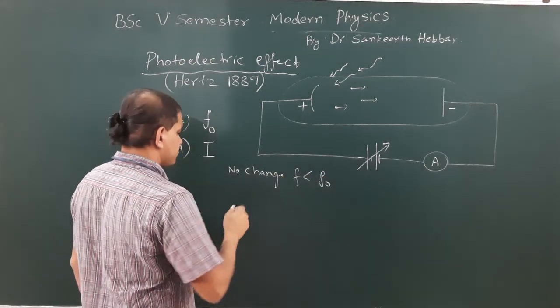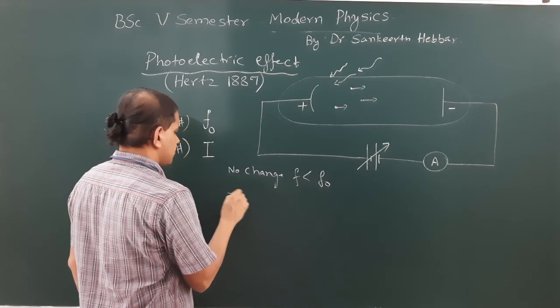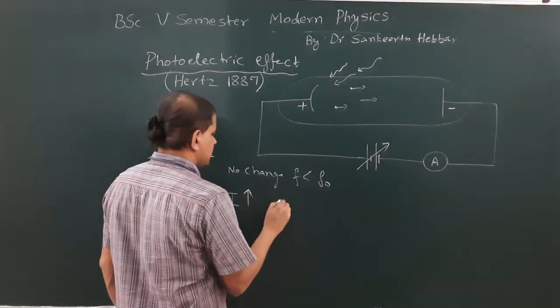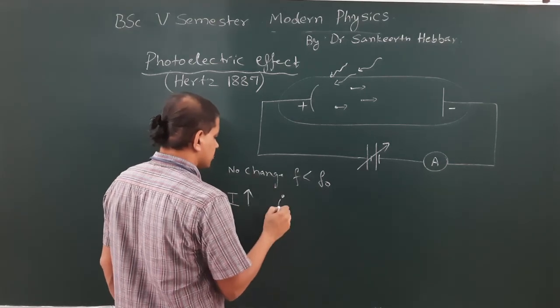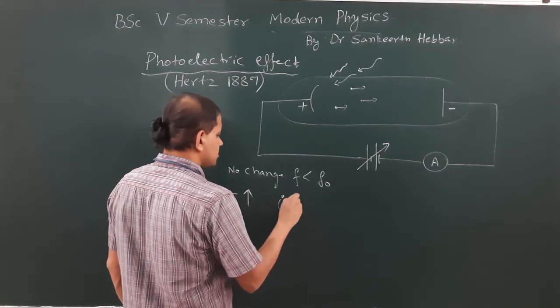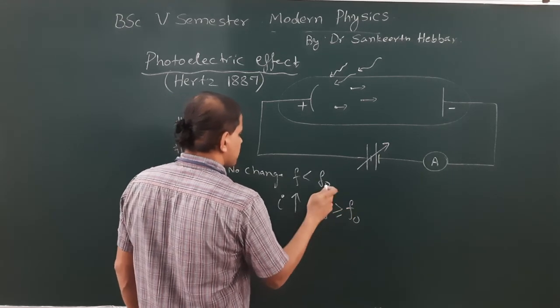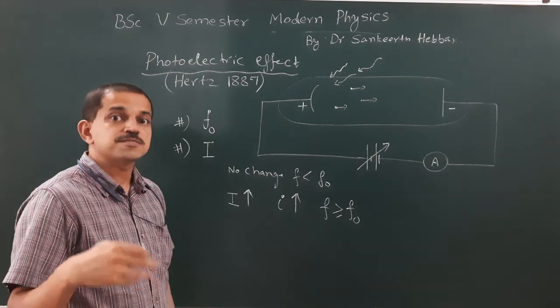And then as intensity increases, the current, I use small letter i for current, was also increasing for frequency F greater than or equal to the same frequency at which he saw the spark.